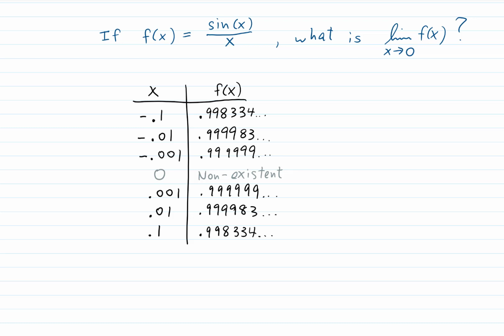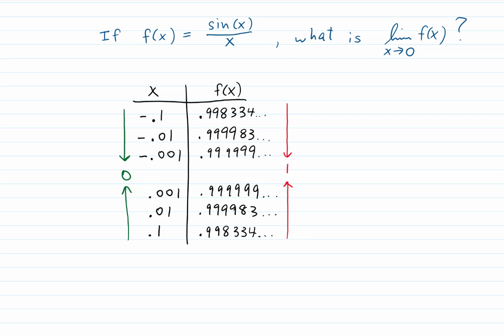Now, there's no such thing as f of 0. You see that? But that's okay. That's not what I'm asking about. I'm asking about what happens as x approaches 0. So let's look over here, and maybe we'll disagree with this, but it looks to me like those numbers are approaching 1. Wouldn't you agree with that?